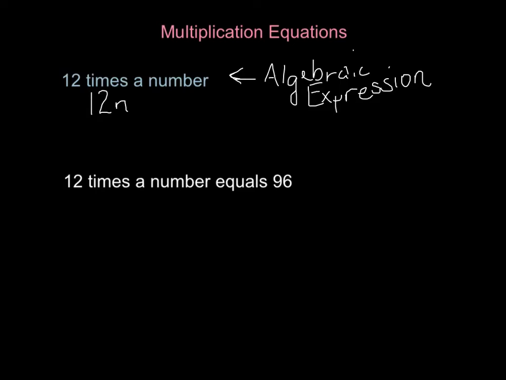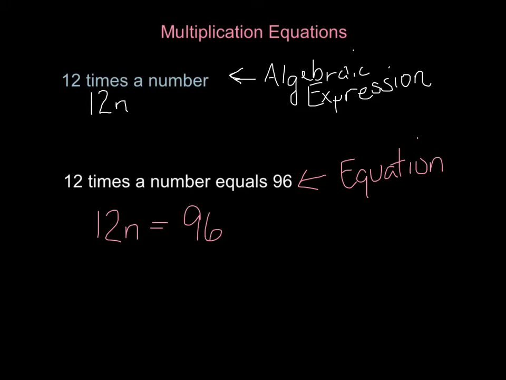Written out numerically, it would look like this: 12n equals 96.